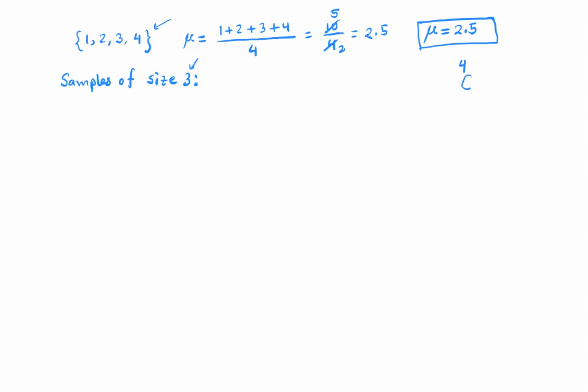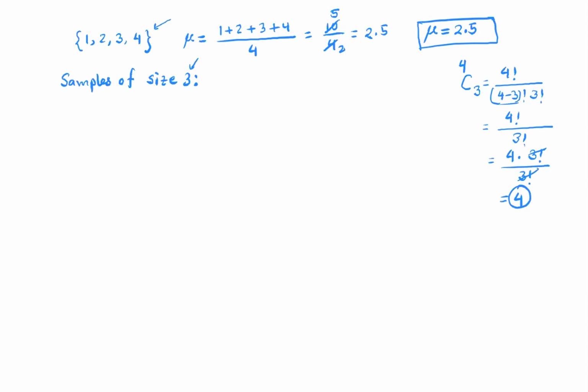So it's going to be 4C3, which is 4 factorial divided by (4 minus 3) factorial times 3 factorial, which is 4 factorial divided by 1 factorial, which is just 1, times 3 factorial, which is 4 times 3 factorial divided by 3 factorial. These cancel out, that gives you 4. So there will be 4 items.